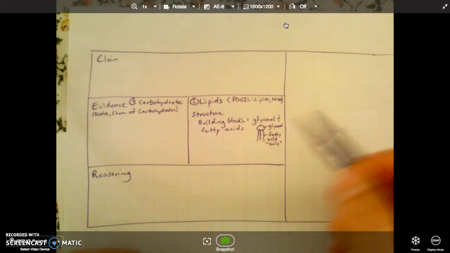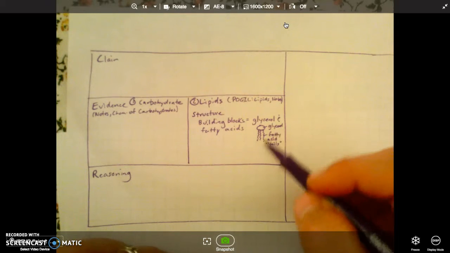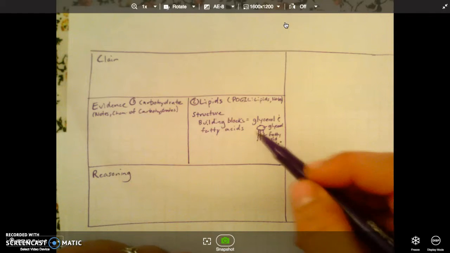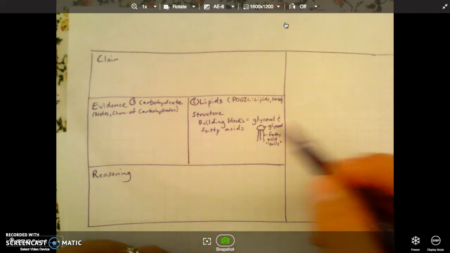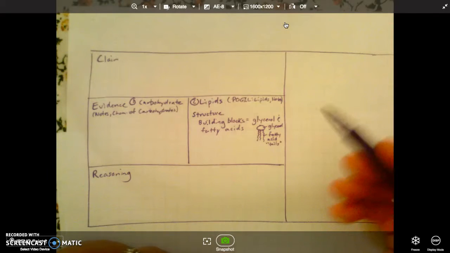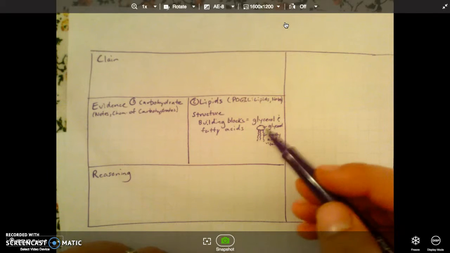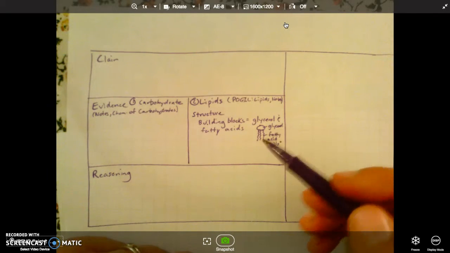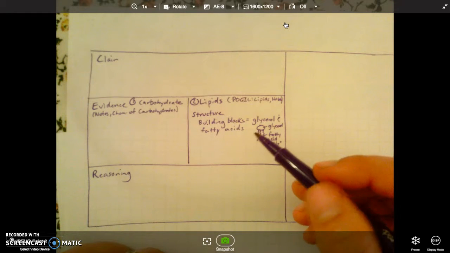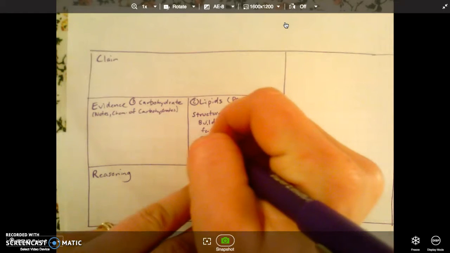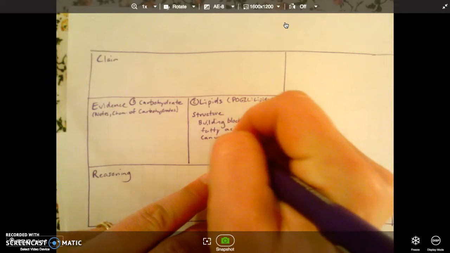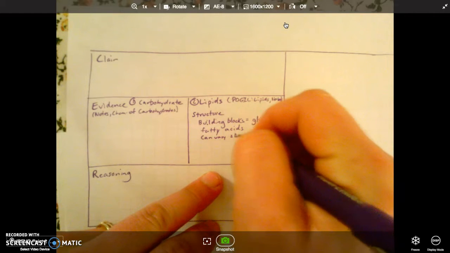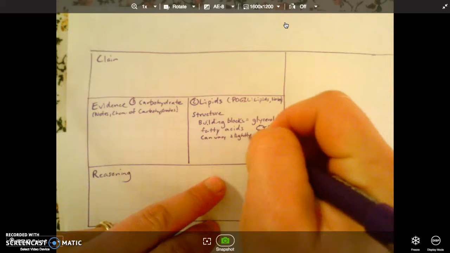So this is the general structure, and they can vary a little bit from this. Phospholipids just have two tails, and they have an additional section on the top. But this is our basic structure. So here we're starting with this, then I'm going to look at additional pieces of information. We could say can vary slightly.